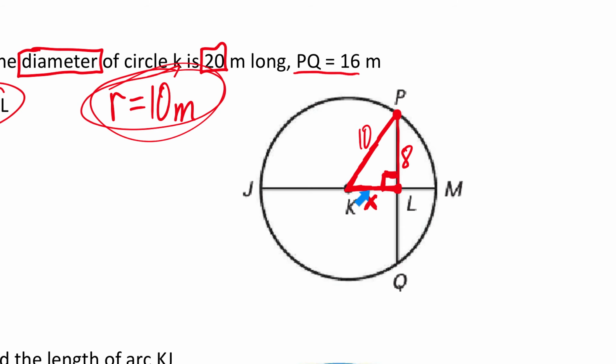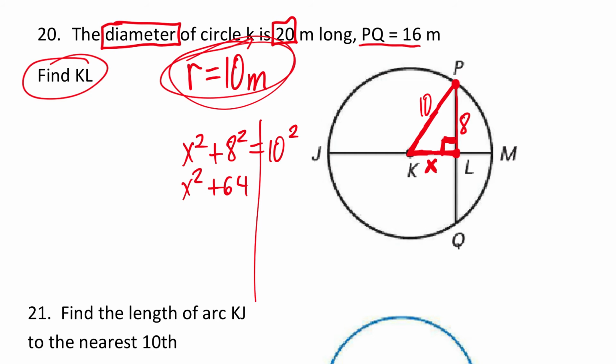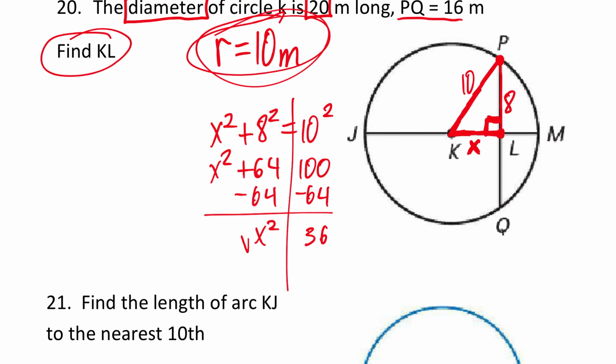How am I going to find this x? Good, the Pythagorean theorem. x squared plus 8 squared equals 10 squared. So x squared plus 64 equals 100. Subtract 64. x squared equals 36. Square root.